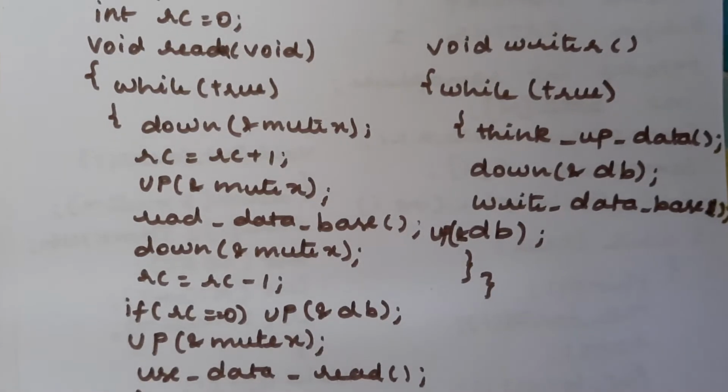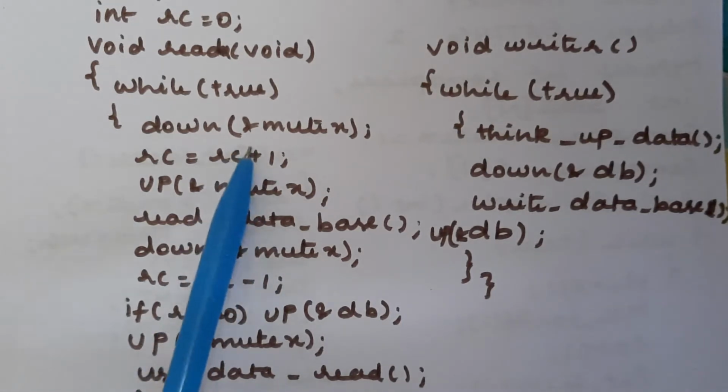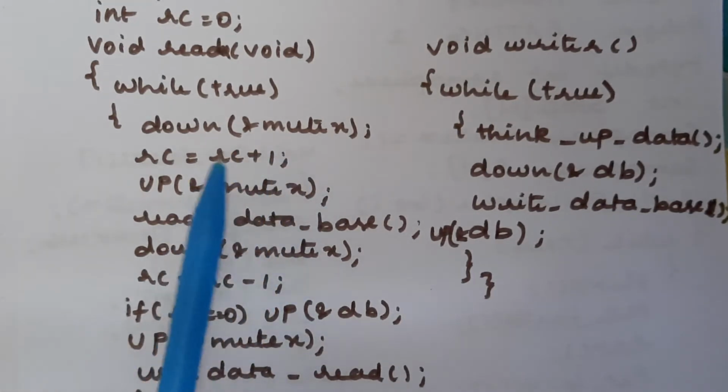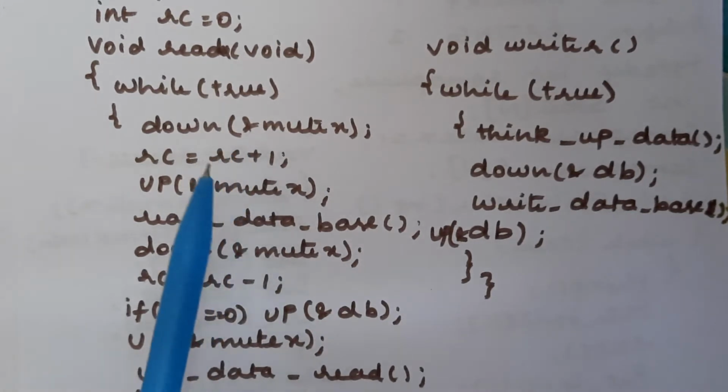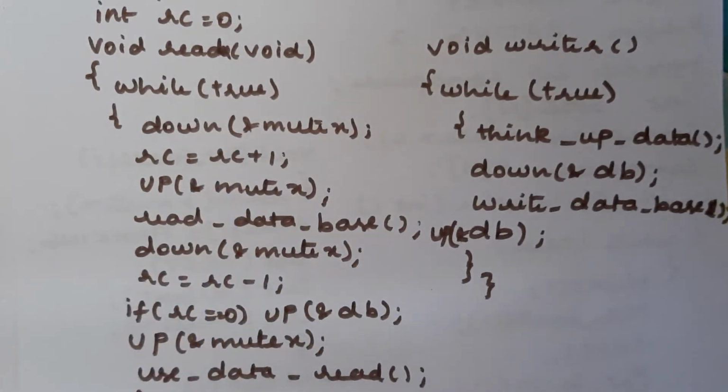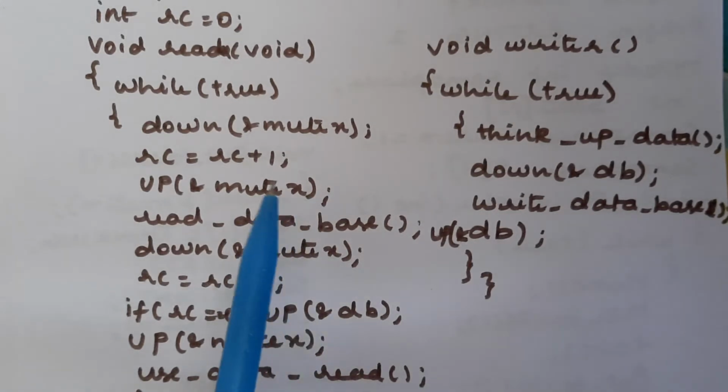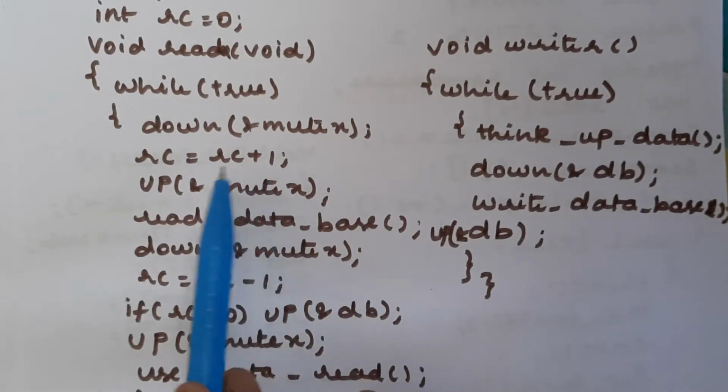We initialized the value of mutex as 1, so after decrementing it becomes 0, no problem, which means no other process enters the critical region at that time. So the process that wants to read can enter and access the database. That is the concept: it enters the critical region, or we can also say it gets exclusive access to read count.